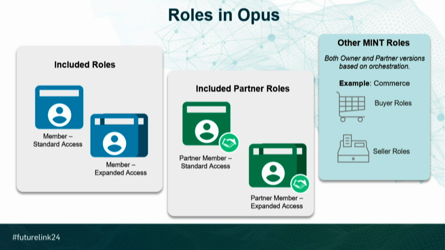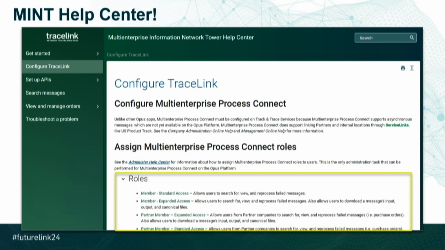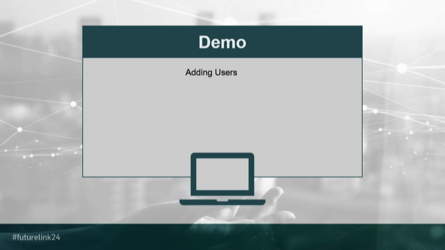That's just one of the examples that comes with the Mint solution. If you would like to access any information about roles for that particular application, you can always go onto the Help Center. This is just a screenshot of the Help Center for Mint, but it's available for all the solutions, so you can look that up in our Help Center.